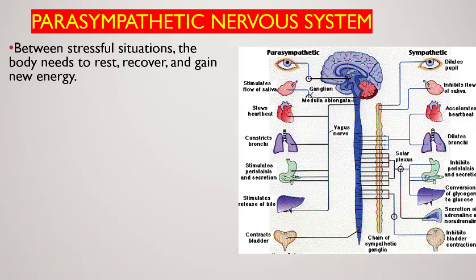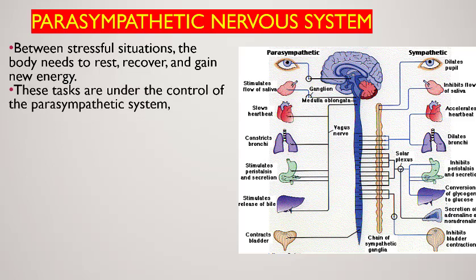Between the stressful conditions, there is a condition which is called the restful condition, and during this rest the body regains its energy again, and this time is used for the maintenance of the organs. These tasks are under the control of the parasympathetic system.